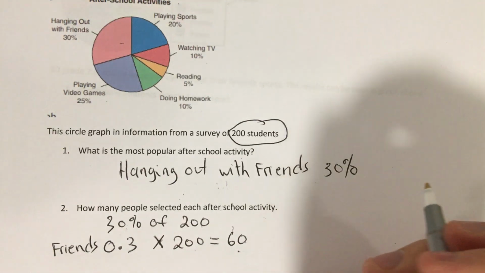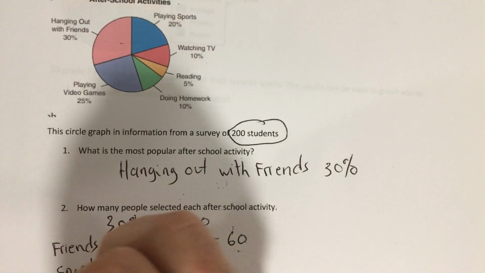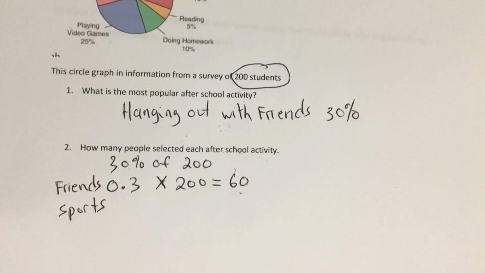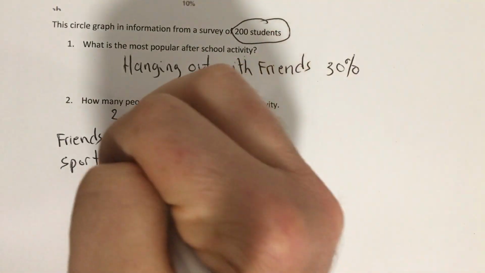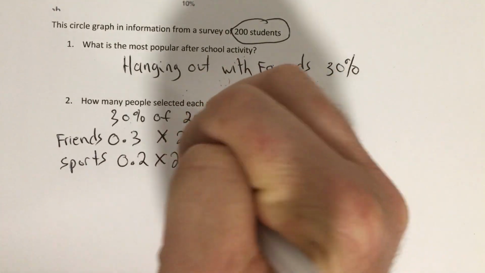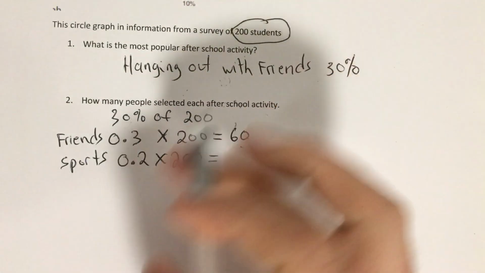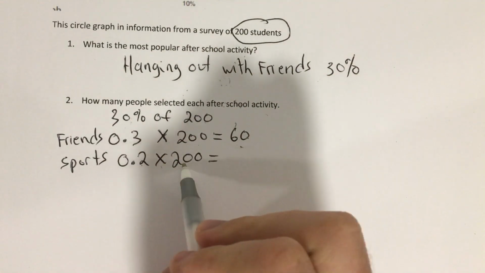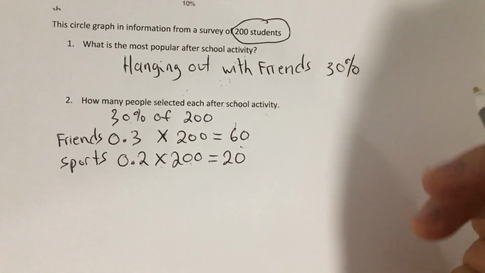And we can do the same thing with all of the others. So we have sports. Sports was 20%. So 20% as a decimal is 0.2 times 200. Just use your calculator. So 0.2 times 200 equals 40 people selected sports.